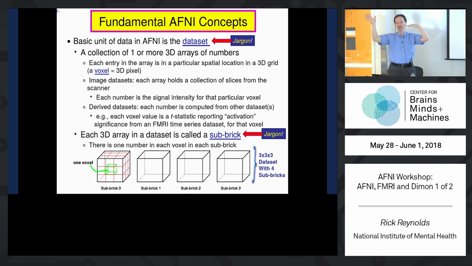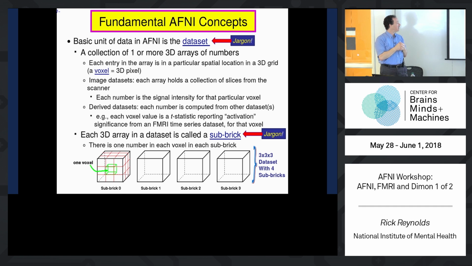If your TR is 2 seconds and you have interleaved acquisition, you'll collect slice 0, 2, 4, 6, 8, etc. And then you'll come back and collect slice 1, 3, 5, 7, 9. So that's how the 2 seconds will be consumed by the scanner. It's maybe 40, 50 milliseconds per slice or something. And then over the 2 second TR, you'll collect your 30 slices or whatever.